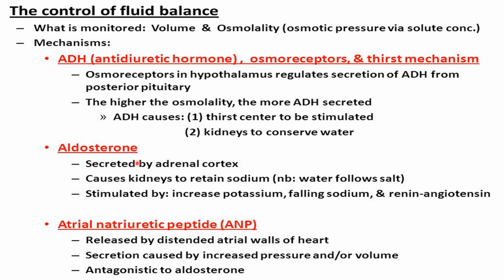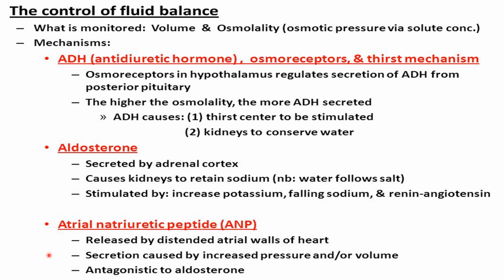Aldosterone, on the other hand, is secreted by the adrenal cortex. It causes the kidneys to retain sodium and is stimulated by increased potassium, falling sodium, and renin-angiotensin. So whenever there is increased potassium or there is decreased sodium and renin-angiotensin, aldosterone will be stimulated.